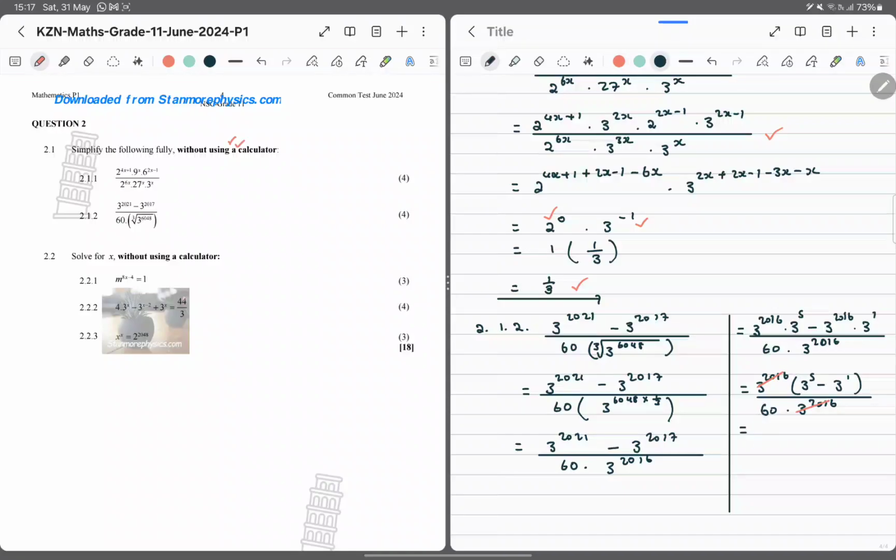So we end up with 3 to the 5. This is 81 times 3. This is 243.